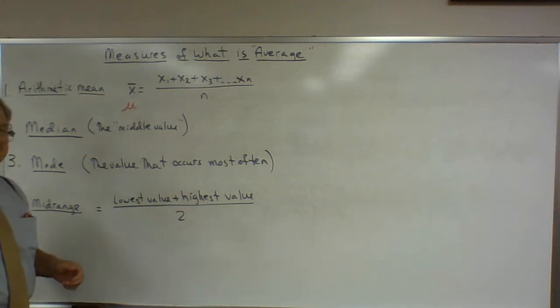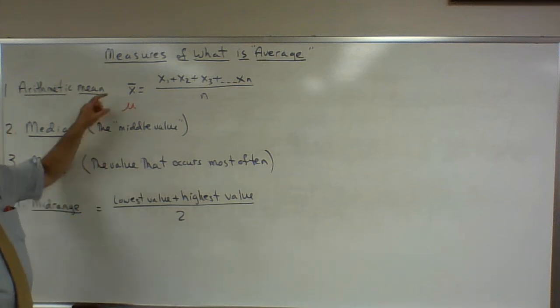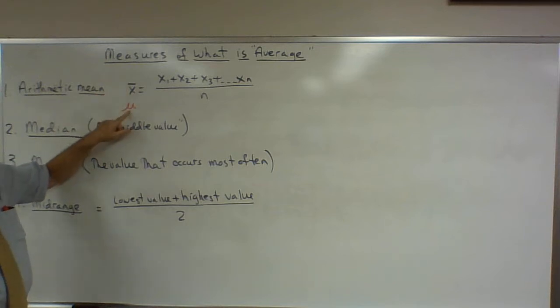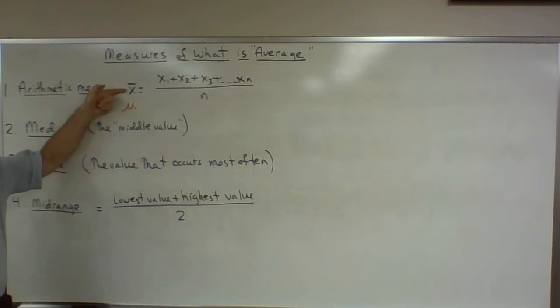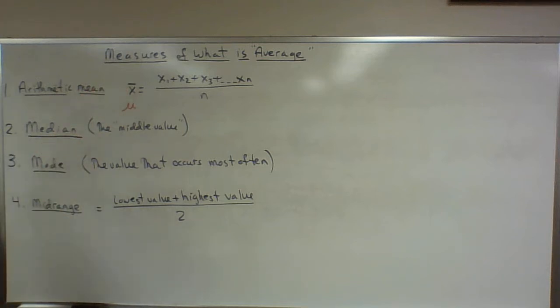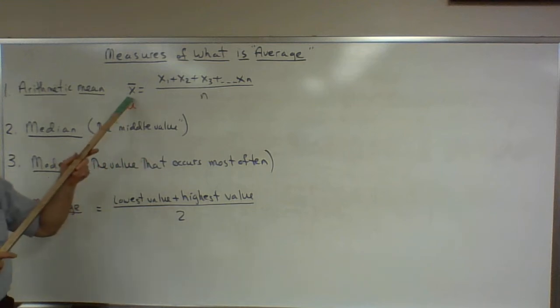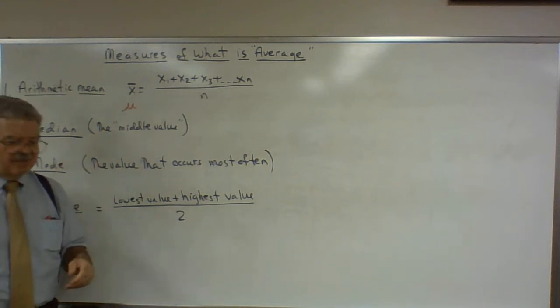We don't really need to know the distinction between these two things in this course. Mu actually talks about the arithmetic mean of an entire population. X bar refers to the arithmetic mean of a sample taken from a population. In this class, we're just going to use x bar.